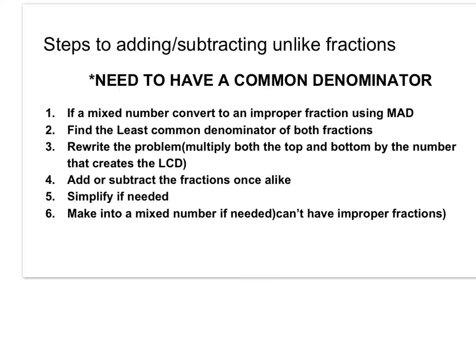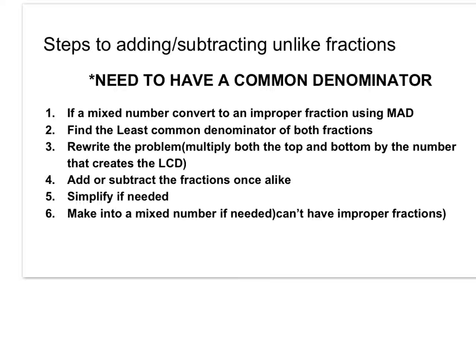Once you have your fractions ready, you need to find the least common denominator of both fractions. You then need to rewrite the problem, so multiply both the top and the bottom by the number that creates your least common denominator. Once you have a common denominator, you can then go ahead and add or subtract these fractions, now that they're alike.